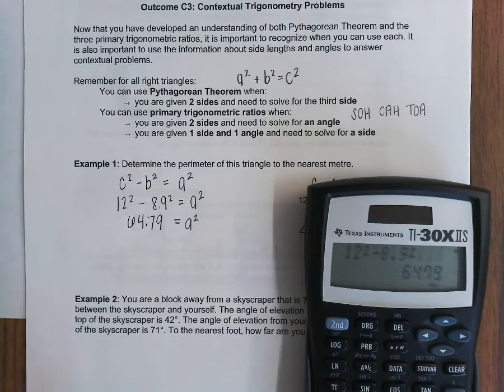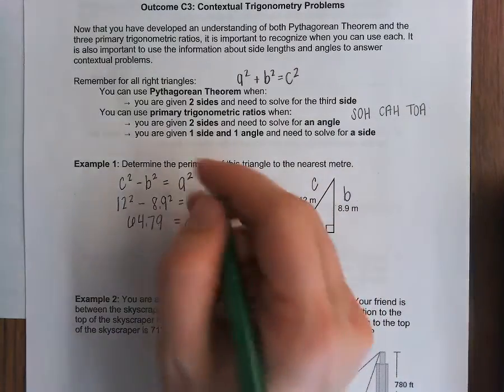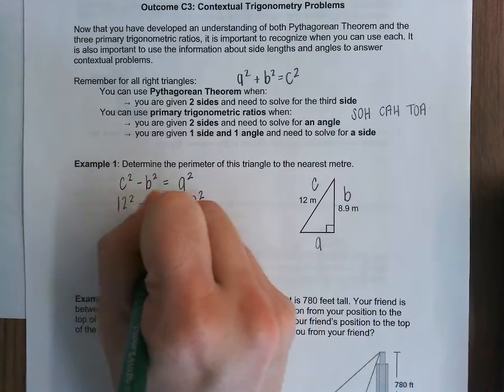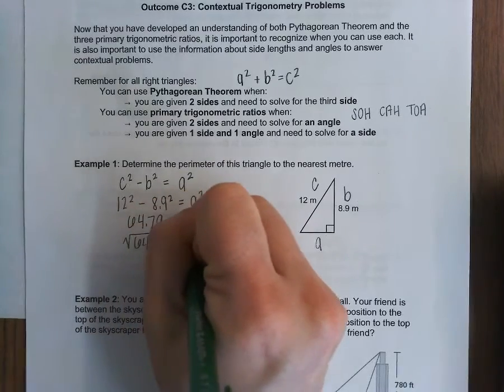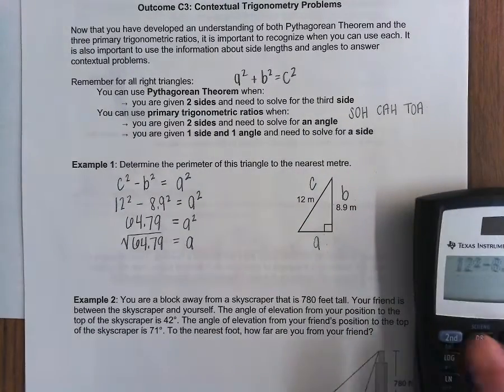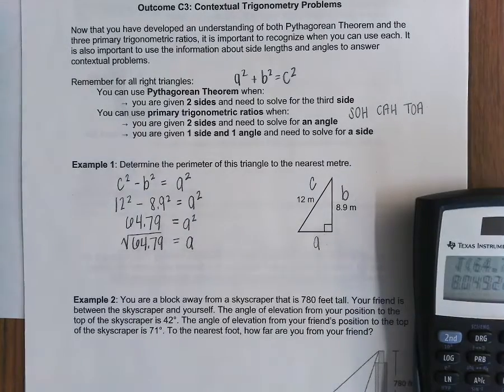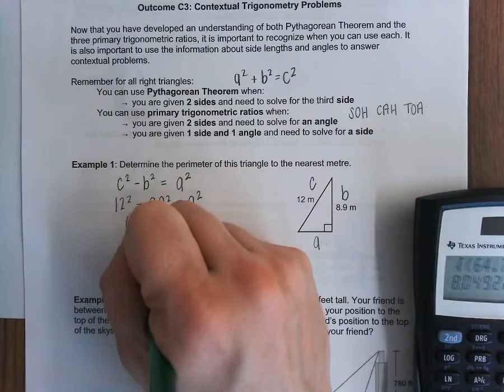So then remember, the final step is to square root both sides. So the square root of 64.79 is equal to a. And the square root of 64.79 is 8.04, so 8, and in this case, meters.